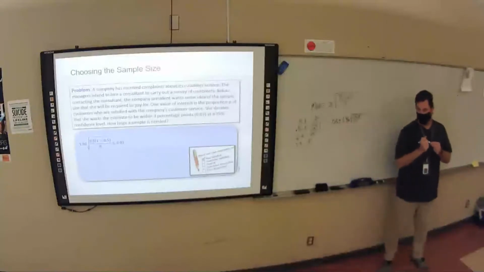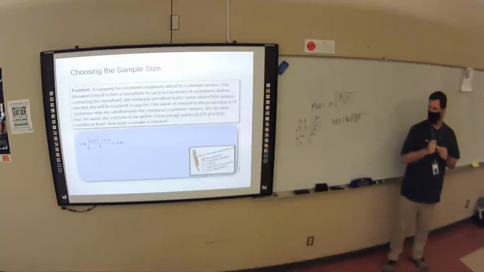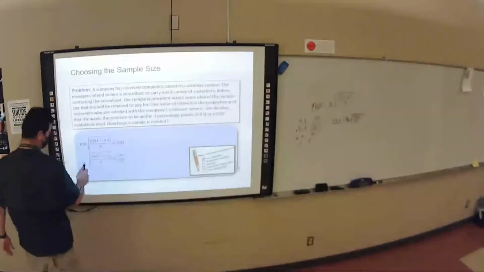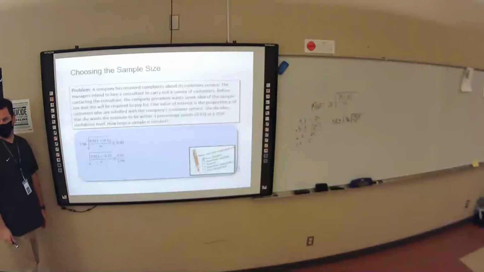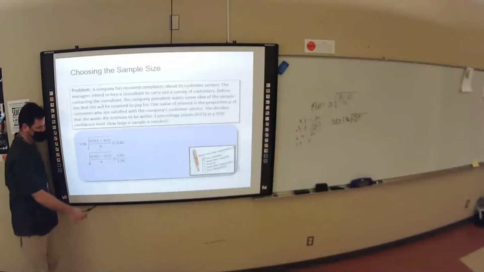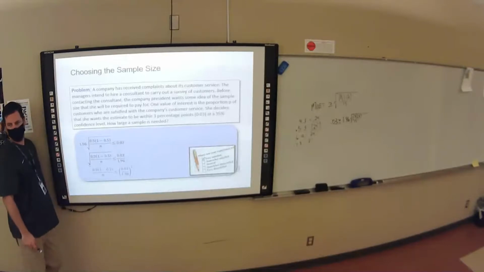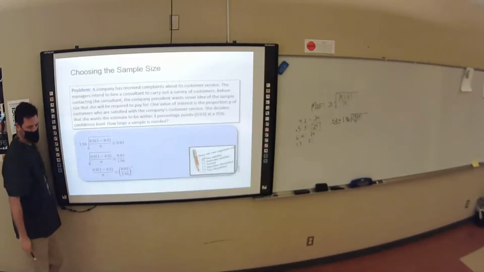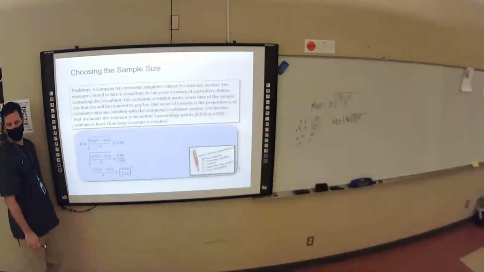We don't want it to be any bigger than 0.03. Divide both sides by 1.96. After I divide by 1.96, I need to square both sides to get rid of that radical. After I do that, I need to multiply both sides by N, and then divide both sides by whatever 0.03 over 1.96 squared is.